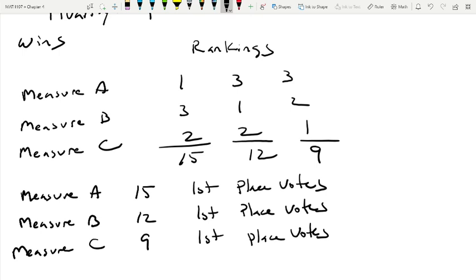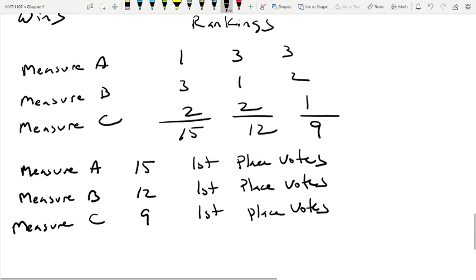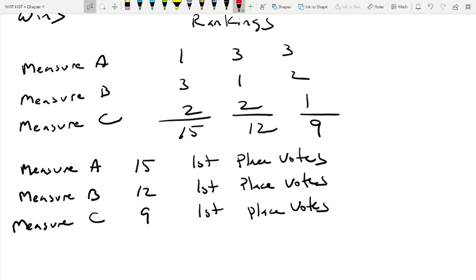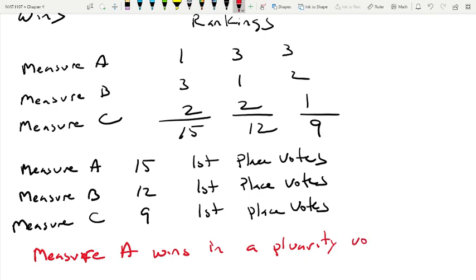So if this was done in terms of a plurality voting system, then the winner here would be measure A. In a plurality vote, it got the most first place votes. It is the winner. Okay?